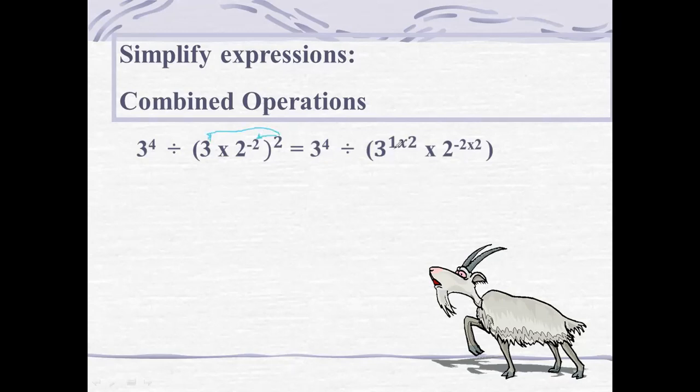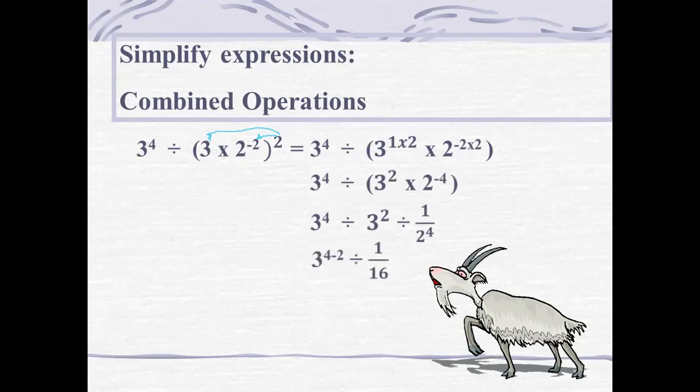So that means 3 to the power of 1 times 2, times 2 to the power of negative 2 times 2. So it will be equal to 3 to the power of 4 divided by 3 to the power of 2 times 2 to the power of negative 4. Take note that if we divide a fraction, we convert it into multiplication and then find the reciprocal. So that is why we have now the final answer, 144.